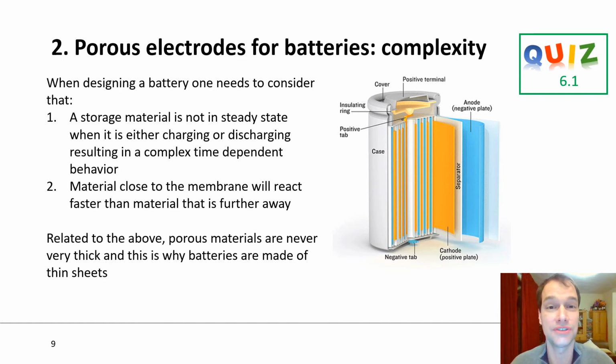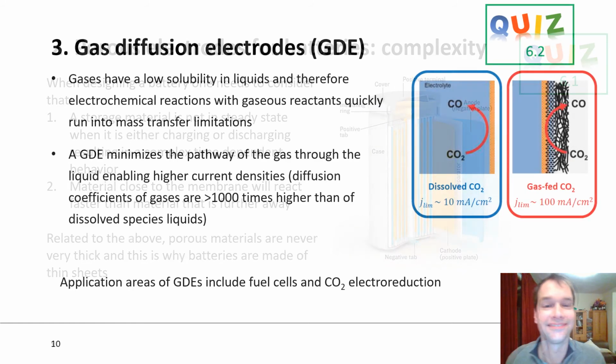We saw it on the previous slide, only up to 100 micrometer. And that is because if you make them thicker, you really get a large influence of this location. So I would recommend you here to answer quiz question 6.1 before we move to the next type of electrodes.